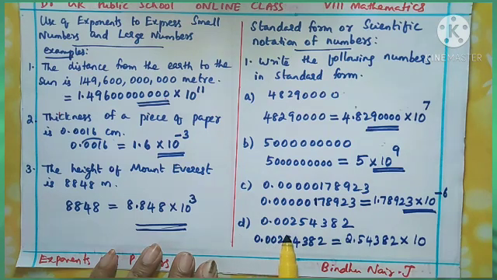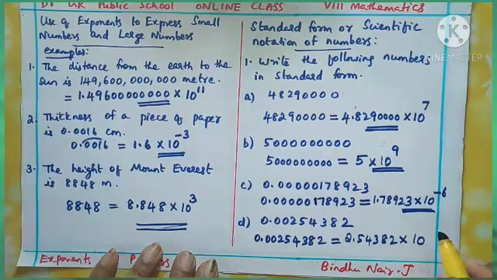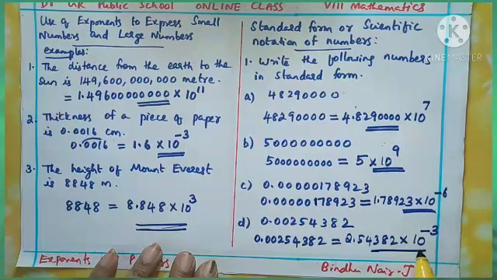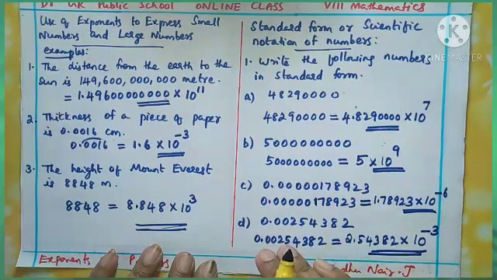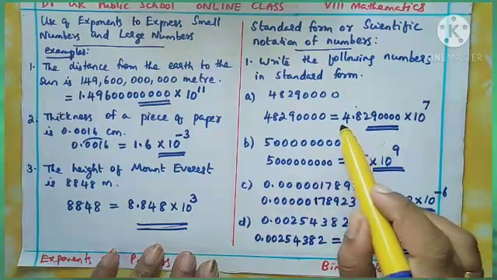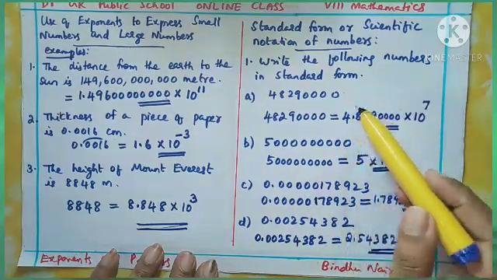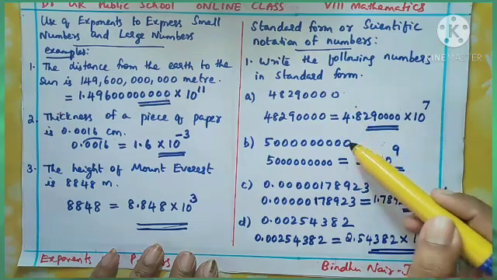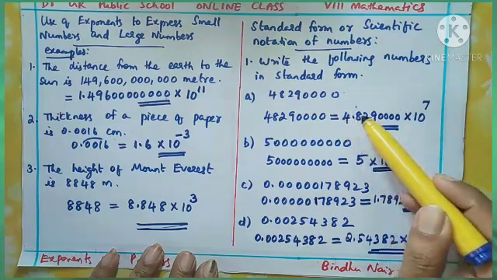Okay. So 3 places to the left side. It is a small number. So negative power, 10 to the power minus 3. Understand? So every time when you are writing in standard form, whenever you place the decimal after the first number, that number has to be between 1 and 10.